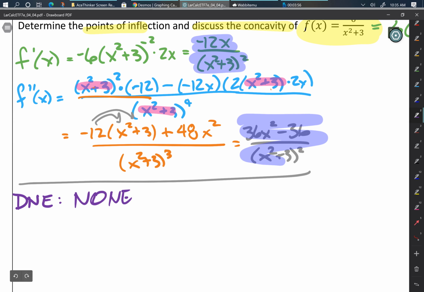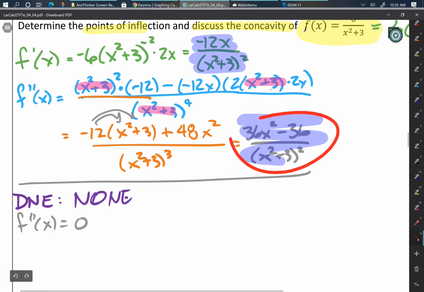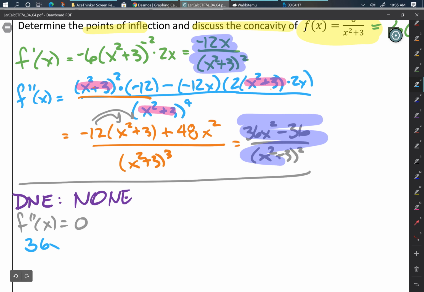Are there any where the second derivative is equal to 0? All right. Now, given that this second derivative is a rational function, a fraction, the only way for a fraction to be equal to 0 is if the numerator is equal to 0. So I'm just going to take that numerator, set it equal to 0. 36x squared minus 36 is equal to 0.